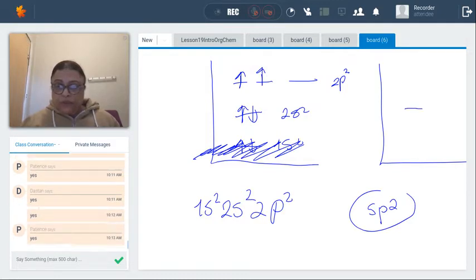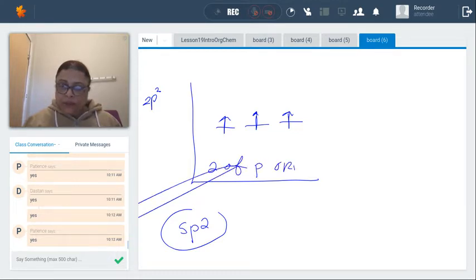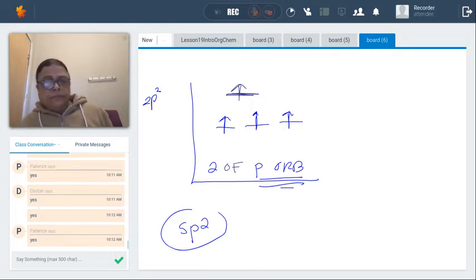When we have sp2, carbon took 2 of the p orbitals. He left 1 untouched. So far, so good?